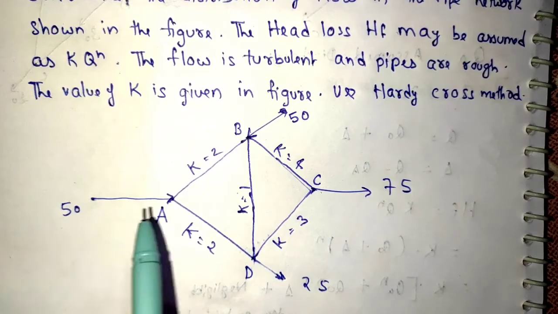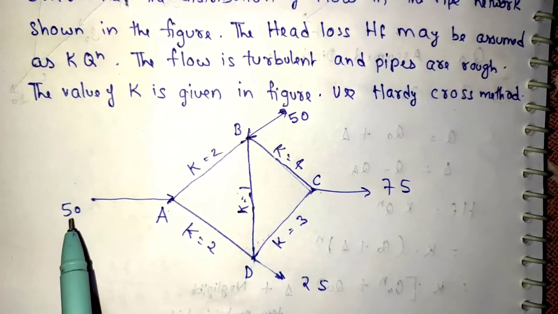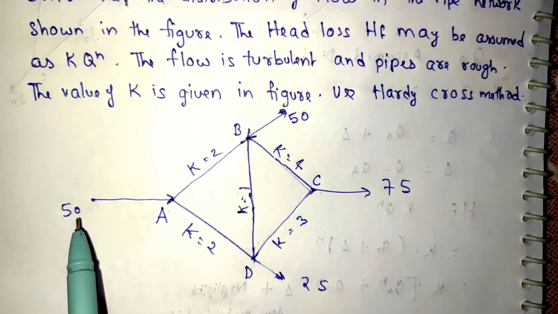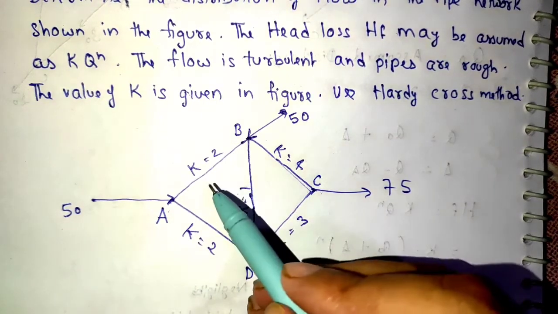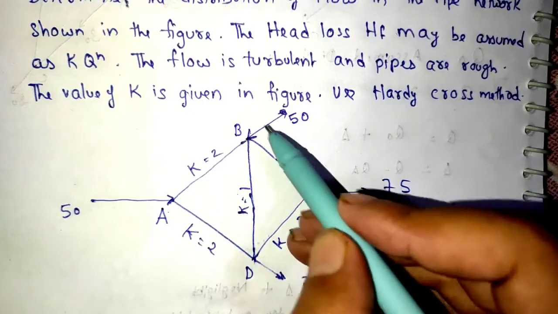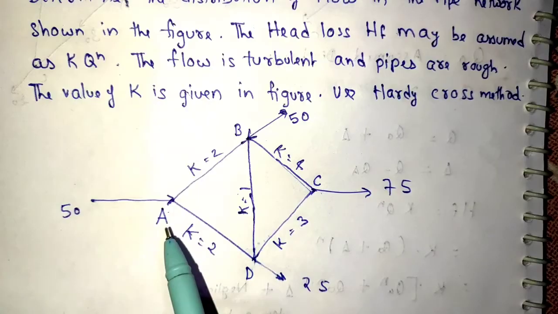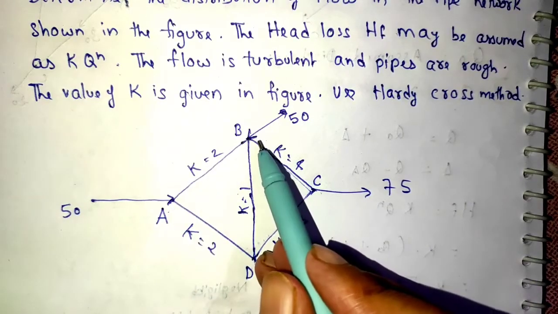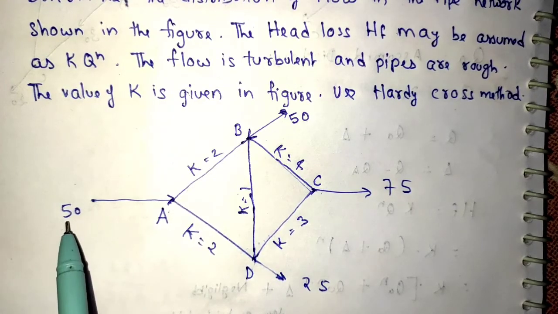So for example, at node A, the value of Q which has been given is 50, that is, a discharge of 50 is entering. That means if we have two pipelines AB and AD or DA, one of these will have some value and the other will have the amount which makes the total equal to 50.